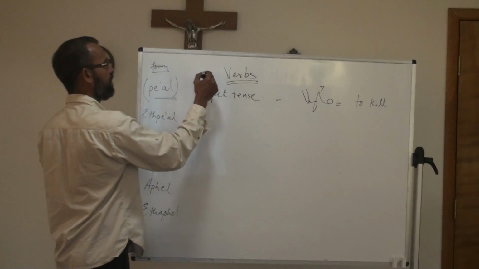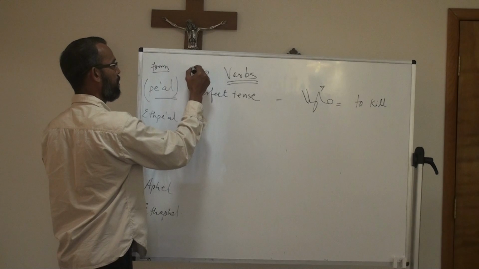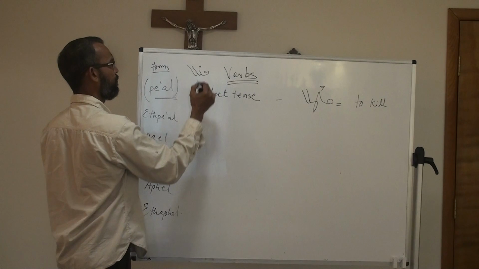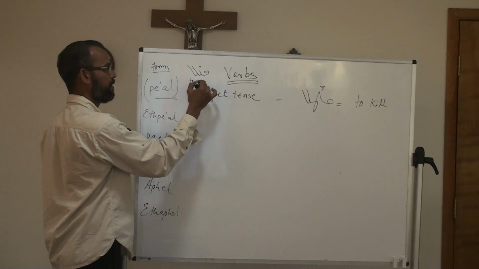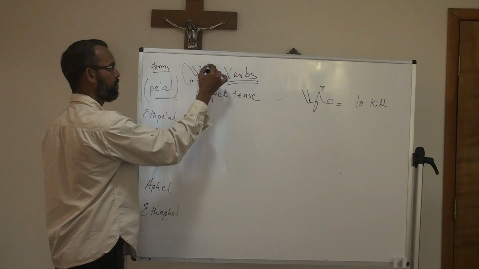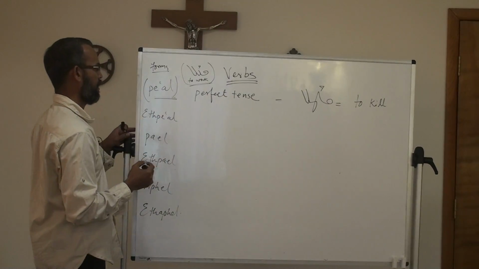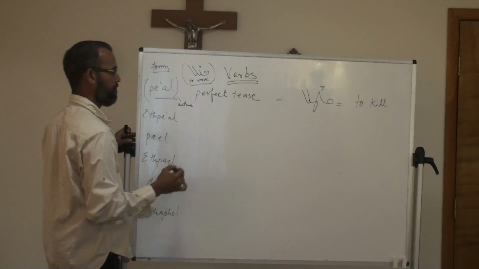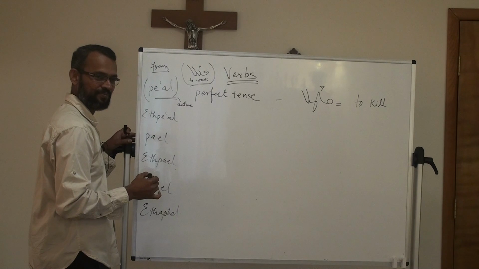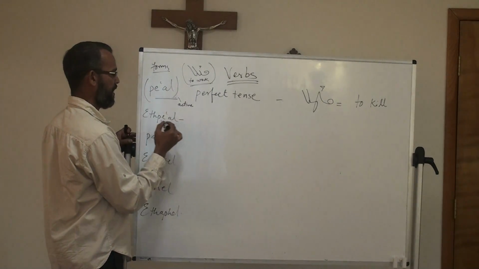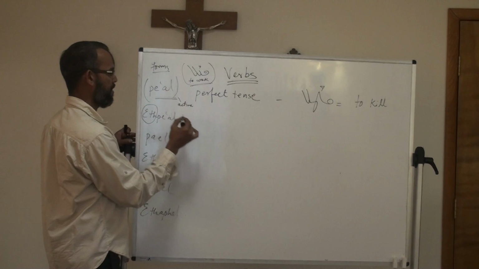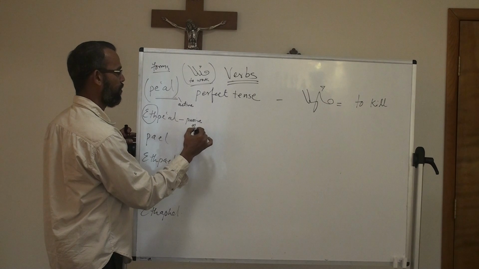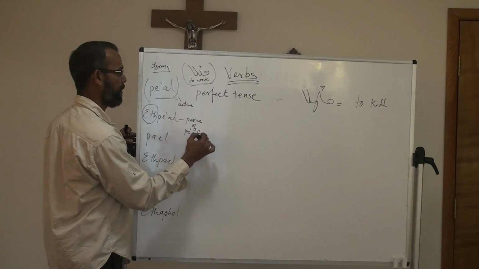Pe'al is actually a Syriac word, meaning to work. This is active. Ethpeal is the passive of peal.